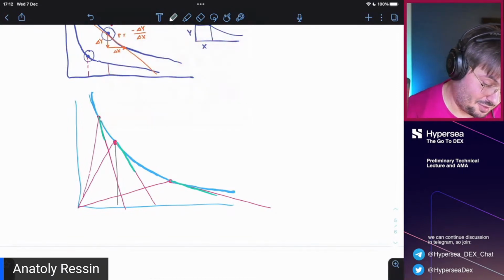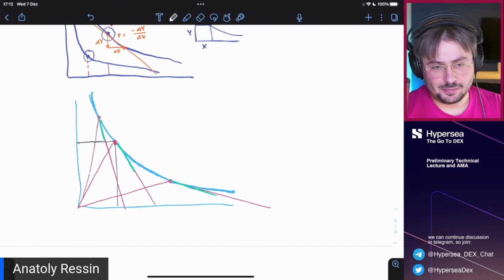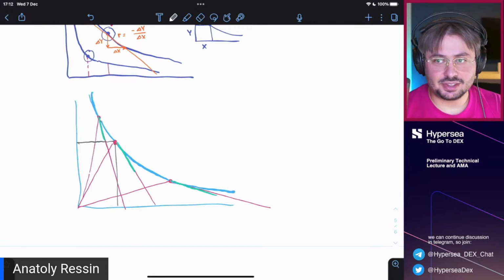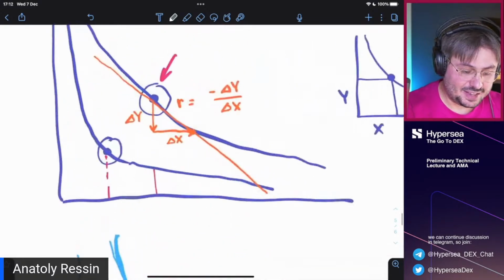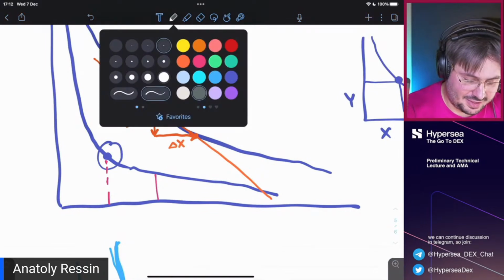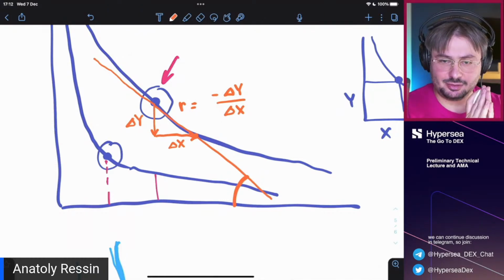If you have information about how many reserves are in the pool, you can divide one by another, and you will get the slope, exactly the slope. So we can think of the actual price as this angle, not the angle itself, but something very similar to it. The lower the angle, the lower the price.